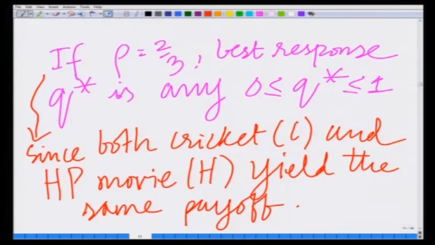Since both of them yield exactly the same payoff, she can use any probability 0 less than or equal to q star less than or equal to 1. And therefore, let us now summarize the best response q star.